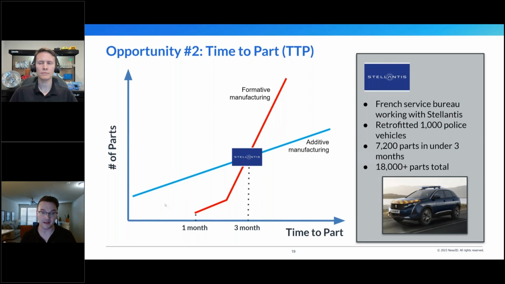So they really put their heads together and decided that Nexa3D Technology was the one to choose, not only for the design and functional testing aspect, looking at our material options, but also because of the speed of production. They won the bid. They delivered those 7,200 parts in under the 3-month time frame. And in fact, the contract was so successful that it was extended to over 18,000 parts, all produced with one printer. Yeah, that's pretty amazing.